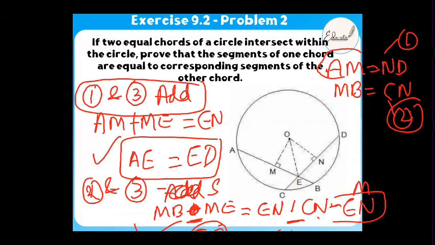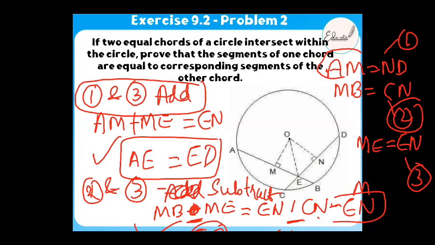Equation 1, equation 2, equation 3. What was equation 3? Is it not ME is equal to EN? Yes, this was equation 3. What we did at first was consider equations 1 and 3 and add them. Then 2 and 3, we just subtracted so that we can get the segments. That's all.